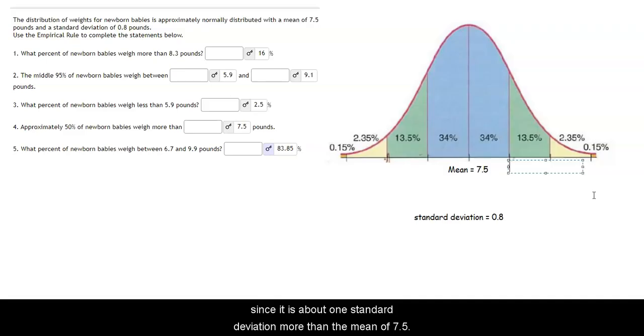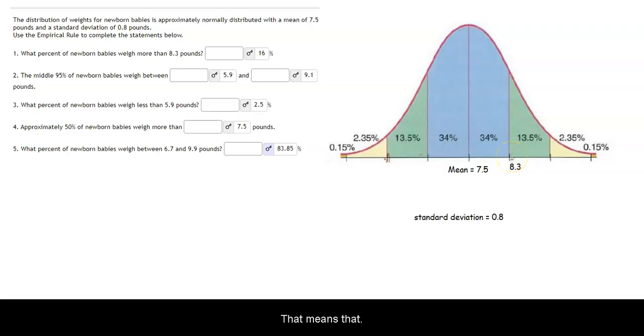That means that the babies that weigh more than 8.3 would be on the right side of 8.3 here. So it's this 13.5 plus 2.35 plus 0.15. If we add these percentages together, then we get this 16% that represents the newborn babies that would be more than 8.3 pounds.